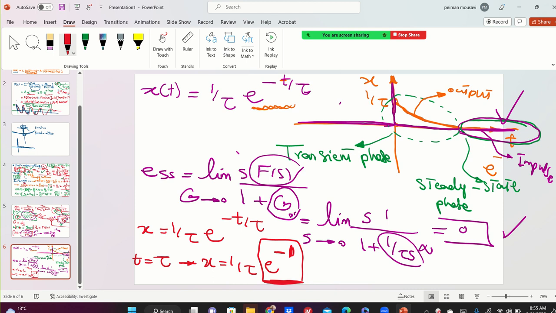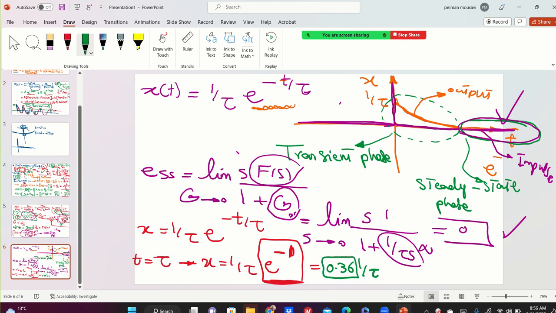How much is that, guys? It is 0.36 times 1 over tau.